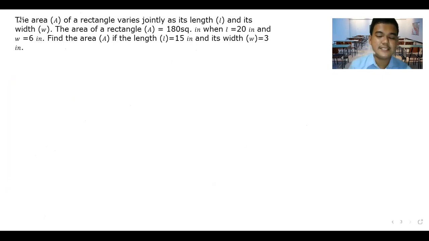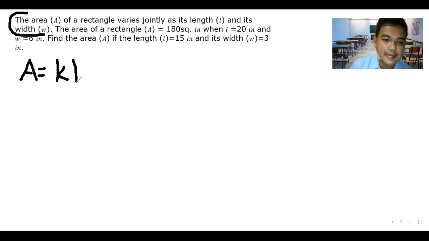All right, so again, the first step is to translate this statement to a mathematical equation. This first sentence: area varies jointly as its length, so K, L, and W. So the area of the rectangle is 180, so we need to substitute here. A is equals to 180.